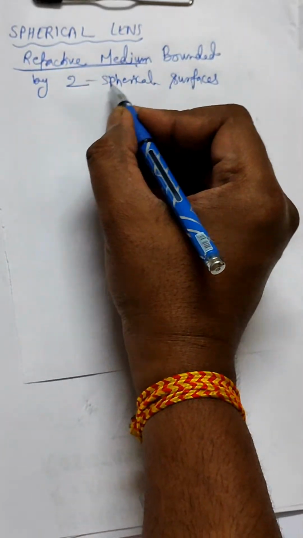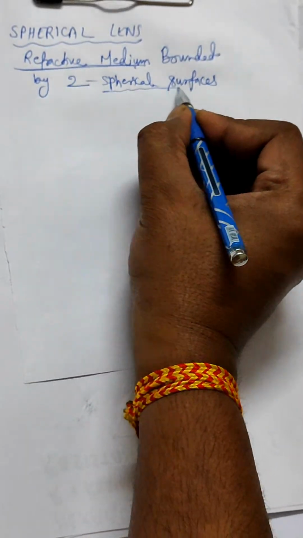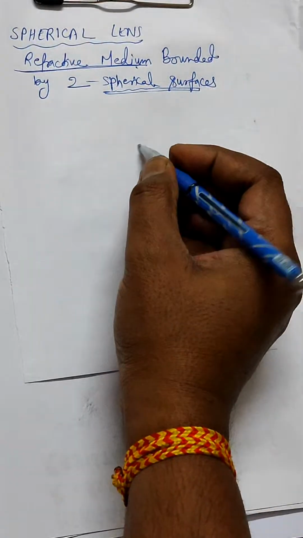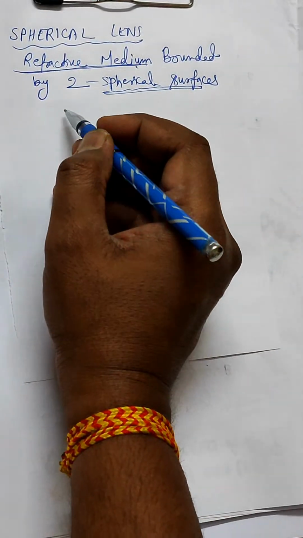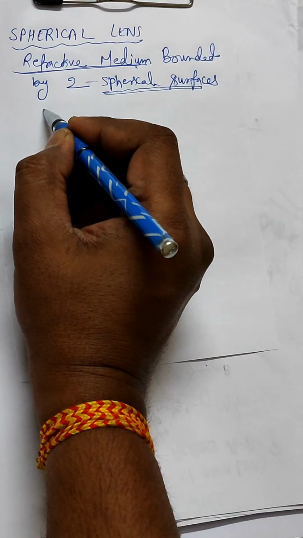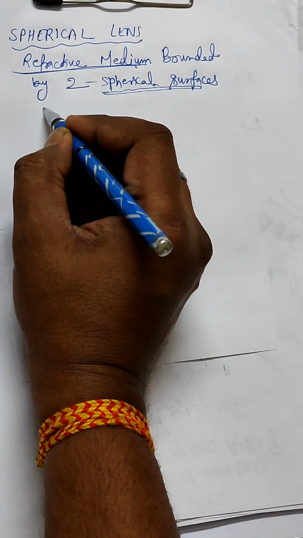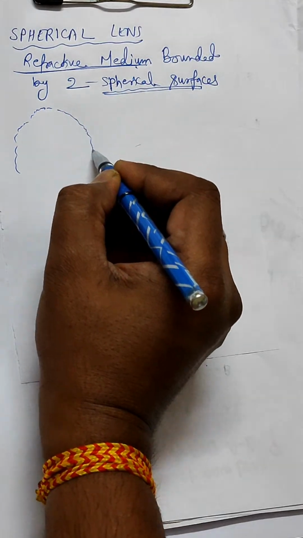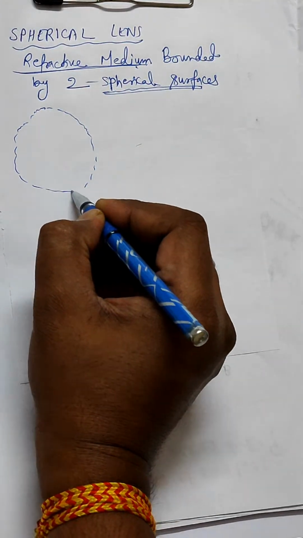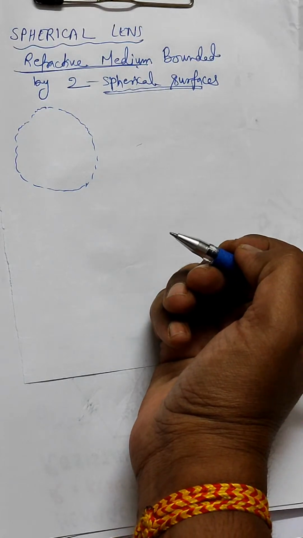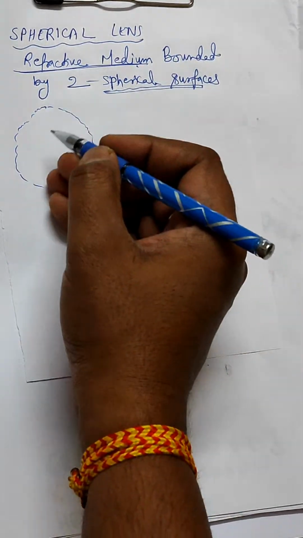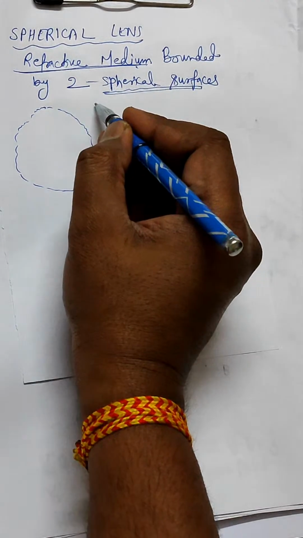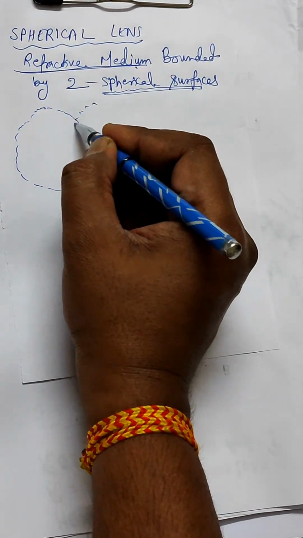So you can see two spherical surfaces. If we are taking one circle, let's say like this. This is a sphere. Let's say this is made up of glass, right? And there is another sphere.